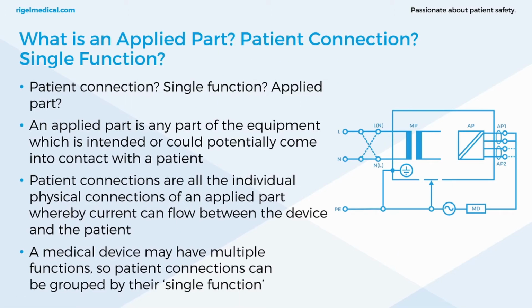Okay, so what is an applied part? Patient connection, single function. There's sometimes confusion between these, especially these two, applied part and patient connection. We try and break it down. An applied part is any part of the equipment which is intended to or could potentially come into contact with a patient. Patient connections are all the individual physical connections of an applied part whereby current can flow between the device and the patient.